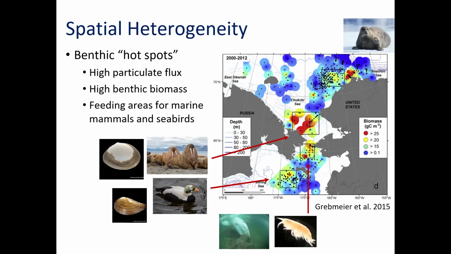So clams make up a lot of that biomass in those spots, and there are places where things like walrus, that are benthic feeding marine mammals, are foraging. Some of the other spots here have other dominant taxa, like there's a gray whale feeding area here that's mostly an amphipod zone. So the biomass is not the same everywhere in those spots.